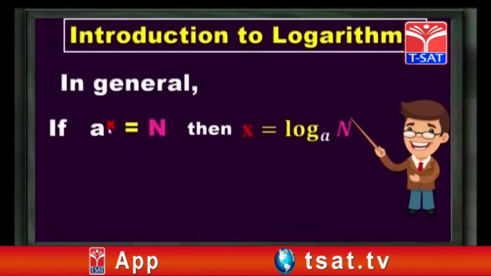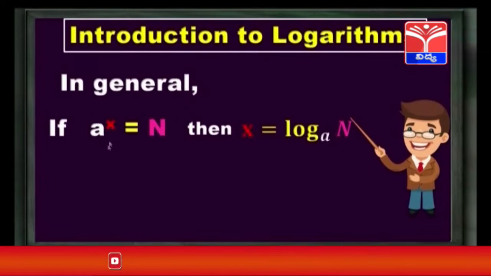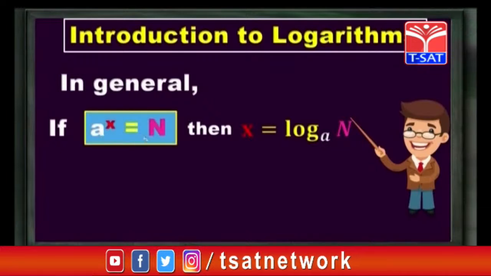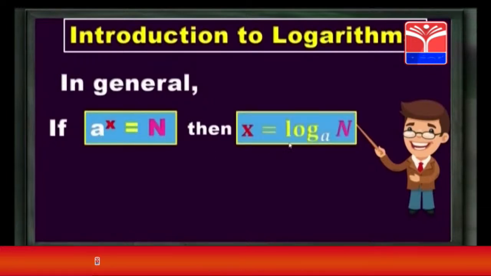In the exponential form on the left hand side, the base a becomes the base of the log. So if a power x is equal to n, then x is equal to log n to the base a.